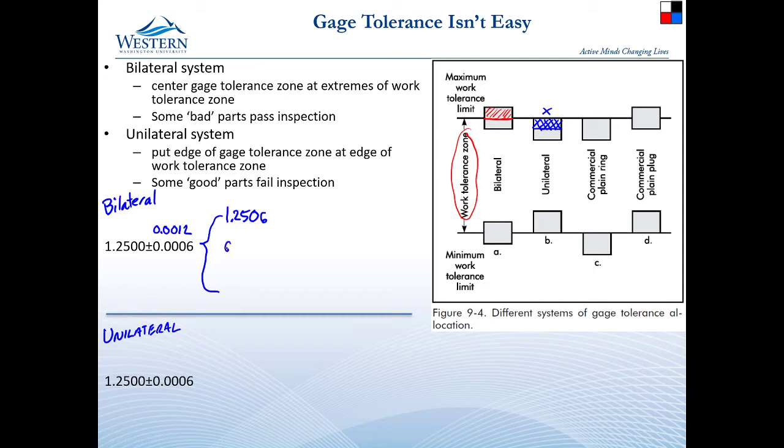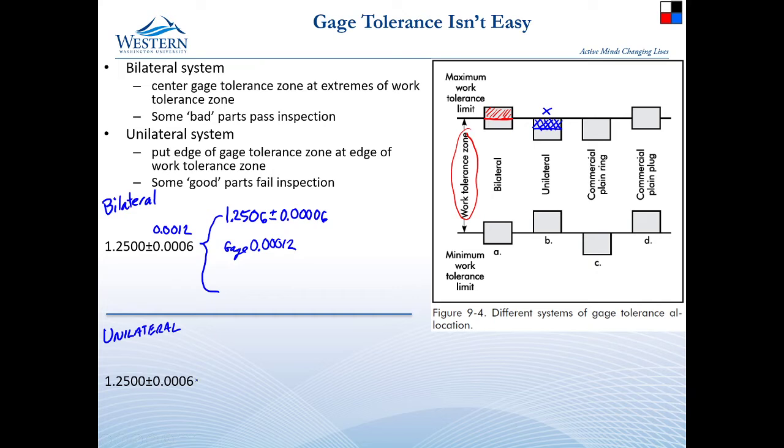Remember, my gauge tolerance is going to be 10% of that for a working gauge: 0.00012, 120 millionths. Up here, I've decided to do bilateral, so I'm going to give them half of that tolerance above the limit and half below. So I'm going to say plus or minus 0.00006. So there they have half the tolerance outside the zone and half inside the zone.